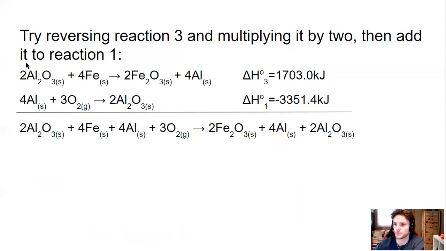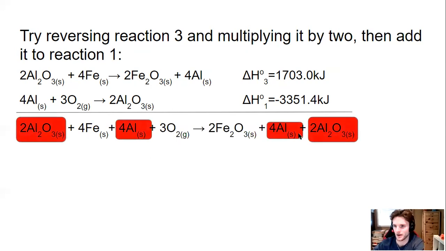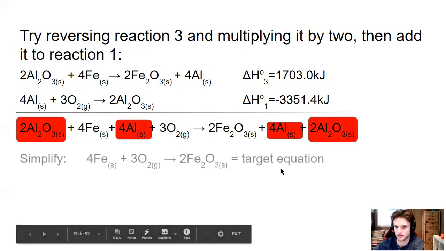So let's check. We know it's going to work with this aluminum, but let's make sure it's right. So we took our reversed reaction and we multiplied it by 2. And when we do this, remember, we also need to times our delta H by 2. So our delta H here for the third reaction has been doubled. Now if we add them together, we can notice that both of these terms cancel.